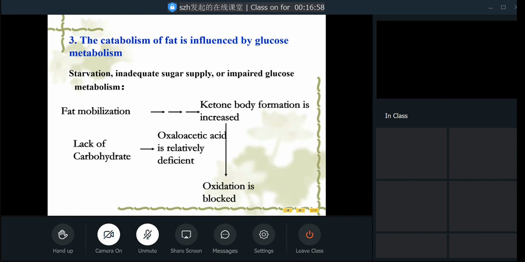And at times of lack of carbohydrate, the oxidation of the ketone bodies is restrained, and that makes hyperketonemia.